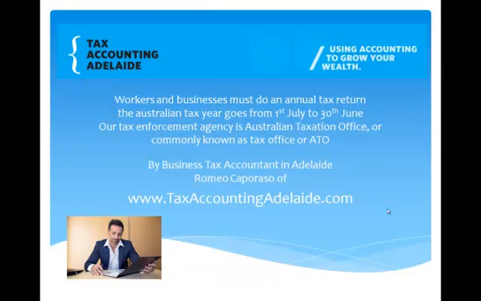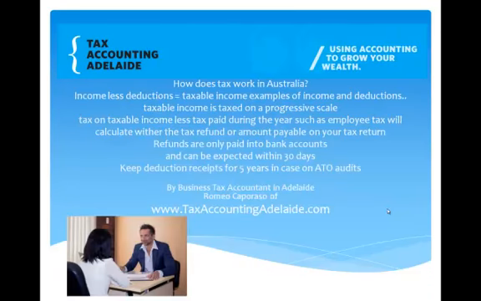Our tax enforcement agency is known as the Australian Tax Office, or more commonly referred to as the Tax Office, or ATO. Let's start with how the tax system actually works in Australia.